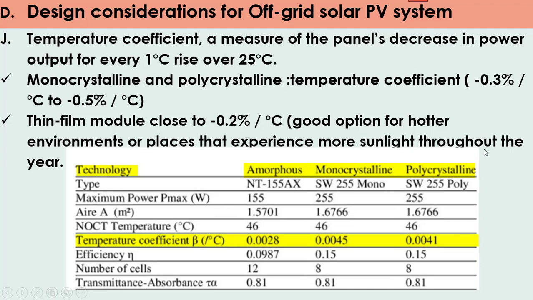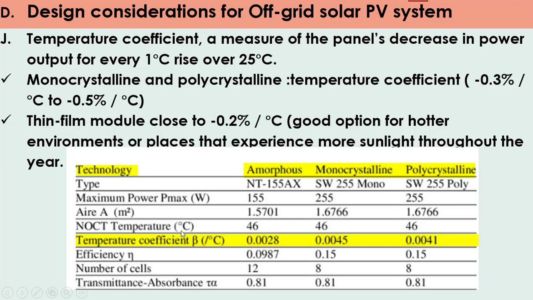As we see, this is a screenshot of a thin film module, a monocrystalline module, and a polycrystalline silicon module. If we look at the temperature coefficient data, for thin film it represents the least value, monocrystalline silicon represents the high value, and polycrystalline silicon has a moderate value.